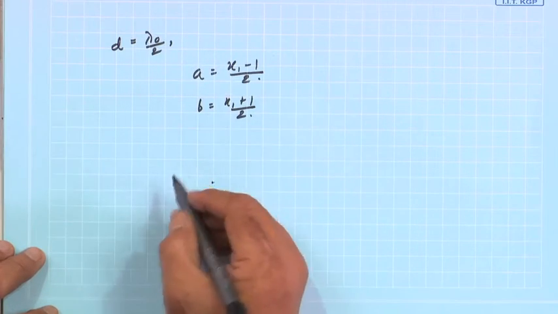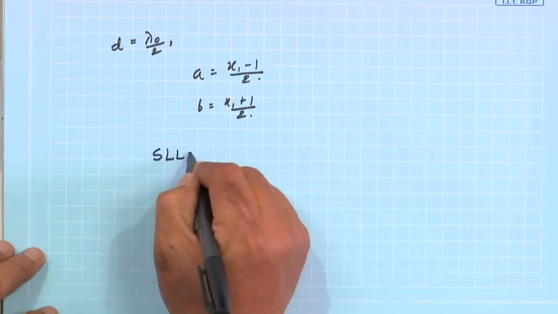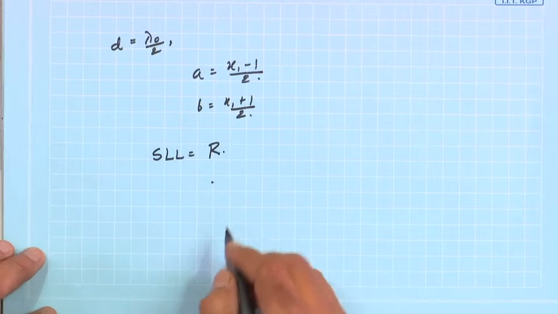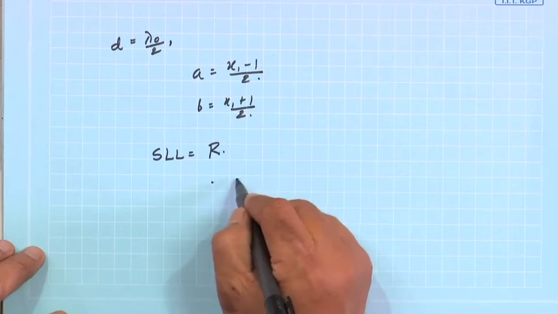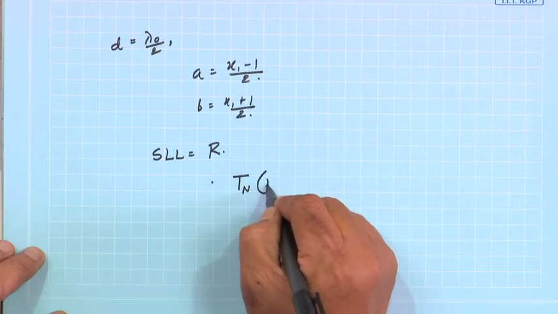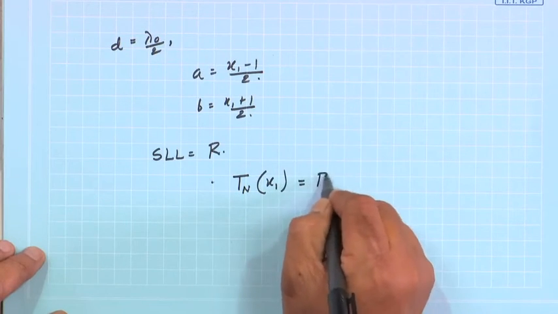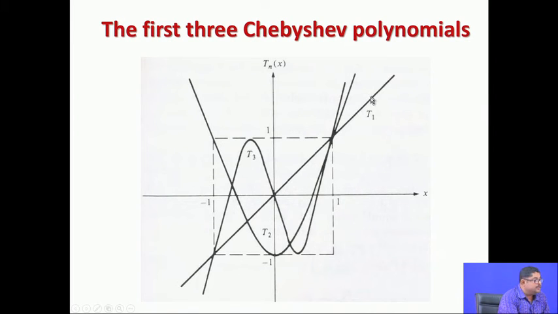So, let the side lobe level SLL be specified as R. So, we require Tn x 1 is equal to R, because I require the main beam, where the main beam value is more than 1. So, I require it here. At what point? Based on the SLR specification.